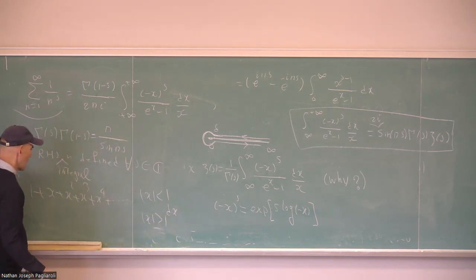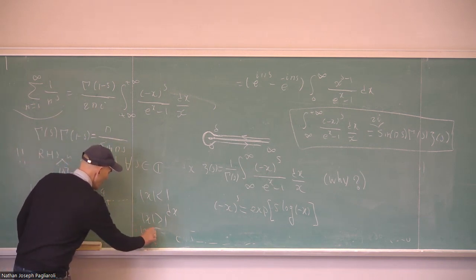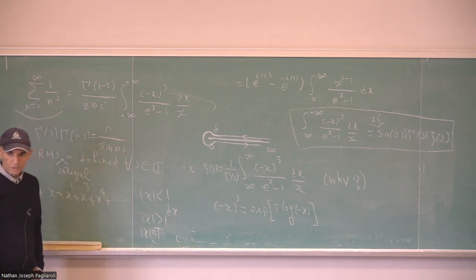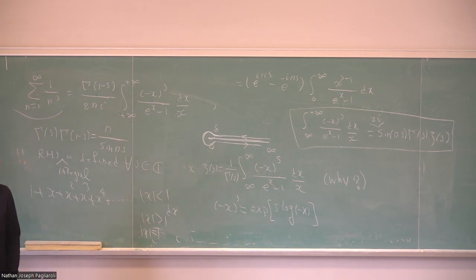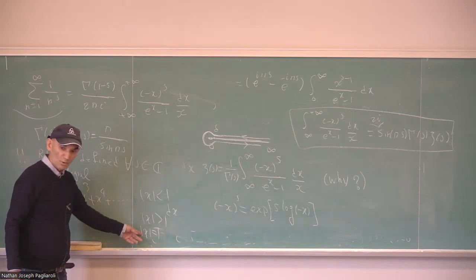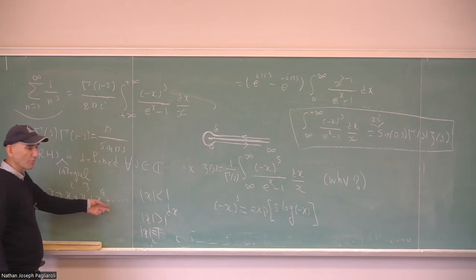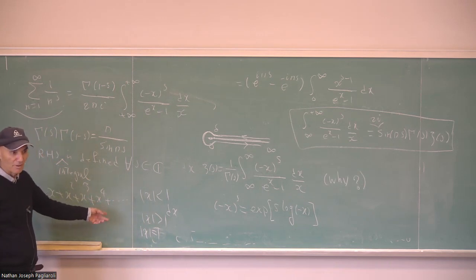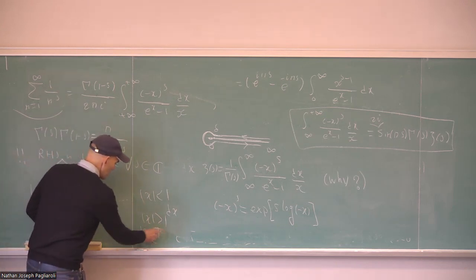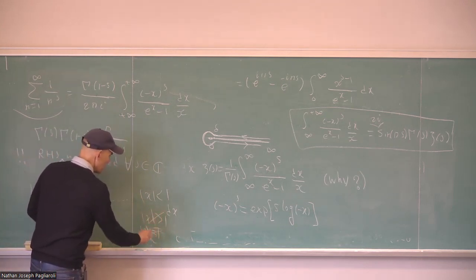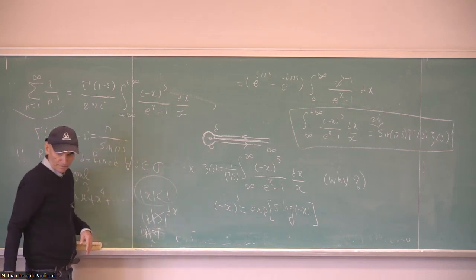And for absolute value of x equal to 1, is it convergent or divergent? The general term of this doesn't go to 0 if absolute value of x is 1, right? So it's divergent here and divergent here, but absolutely convergent over there.